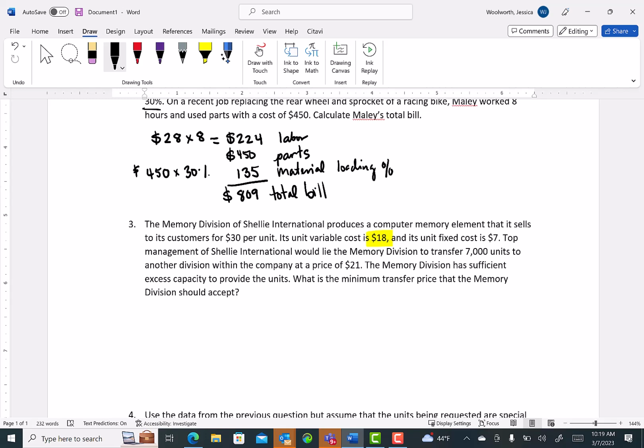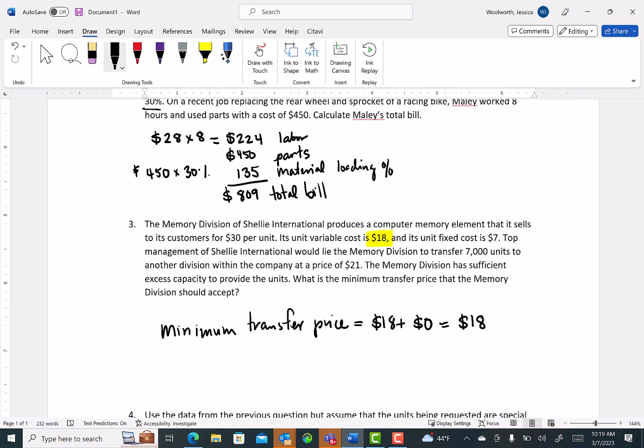So in this case, our minimum transfer price is going to be the $18. We'll look in a moment at what happens if we do have an opportunity cost. So our opportunity cost is zero, so our minimum price is $18.